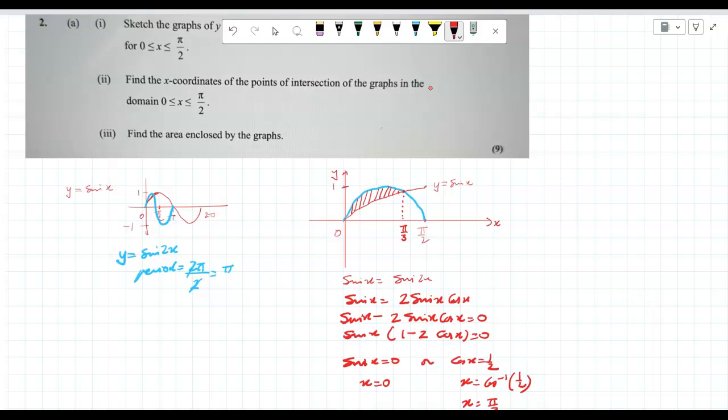So what is the area enclosed by the graph? From 0 to pi by 3, higher function minus lower function. So that's the integral of sin 2x minus sin x dx. What is the integral of sin 2x? It is minus cos 2x divided by 2, and the integral of minus sin x becomes plus cos x, because minus becomes plus. Limits pi by 3 and 0.